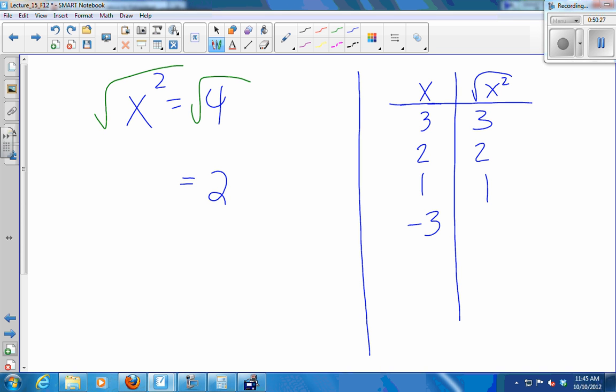What's negative 3 squared? Positive 9, and the square root of 9 is 3. So I plugged in an x, and the square root of x squared was not the original x, right? It was the opposite of x, positive x. So the square root of x squared is actually the absolute value of x.